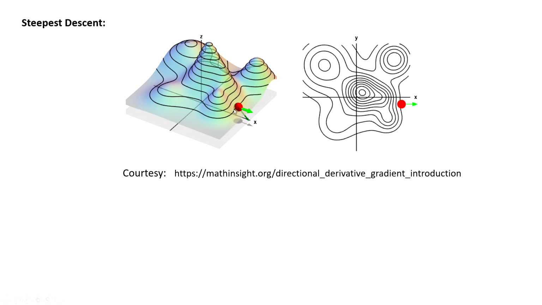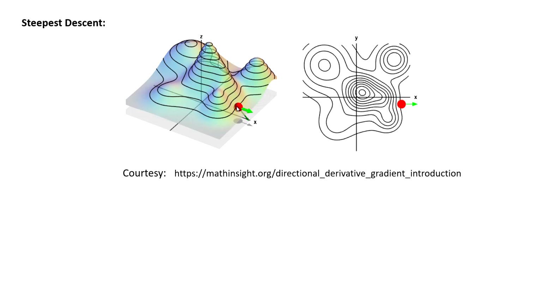Now, what does it mean if we were to traverse along a level curve? That means our height is not changing at all. Would you agree? So now if I were to ask, if along the level curve the change in height is 0, in which direction will it be maximum?